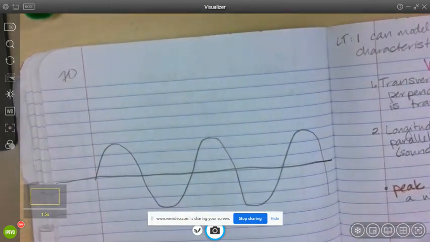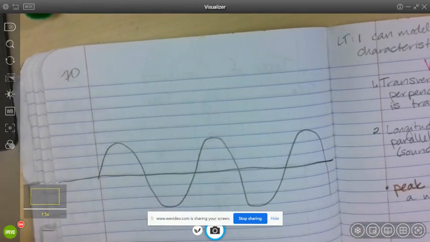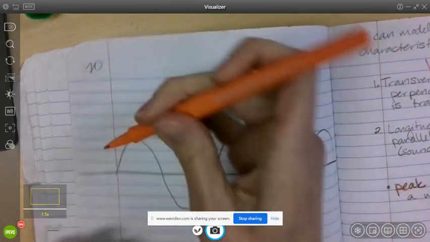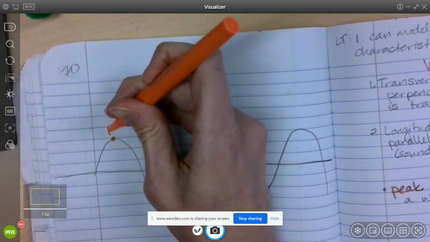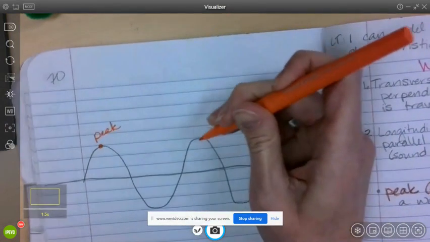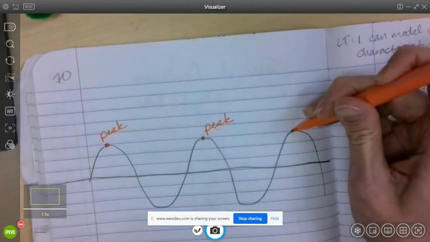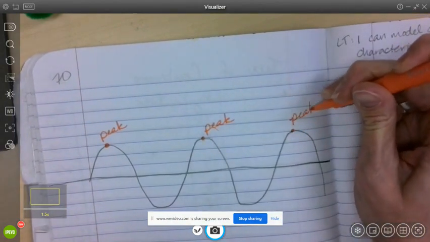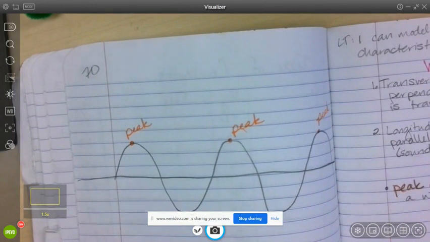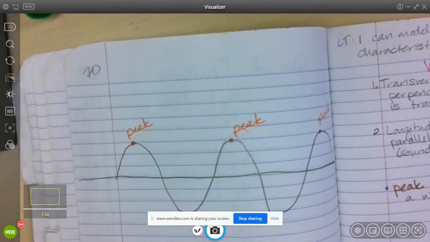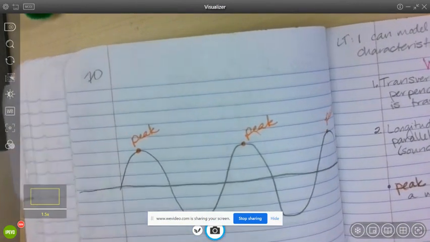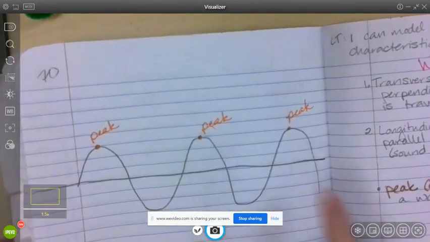Okay, so the peaks are these high points. So here's a peak, and here's a peak, here's a peak. Okay? So peaks, the tall points.